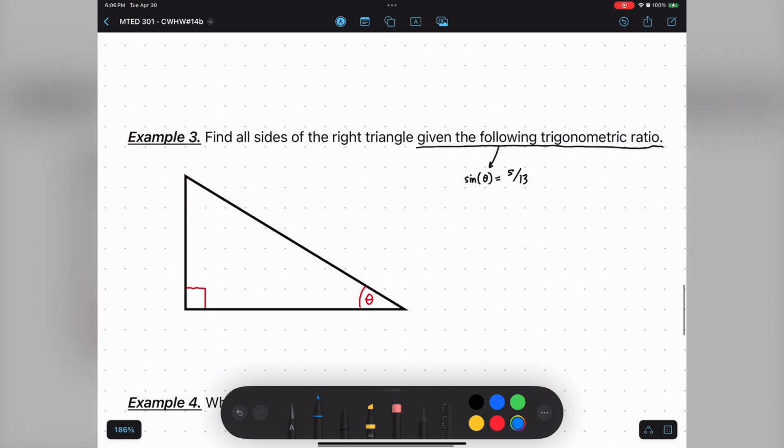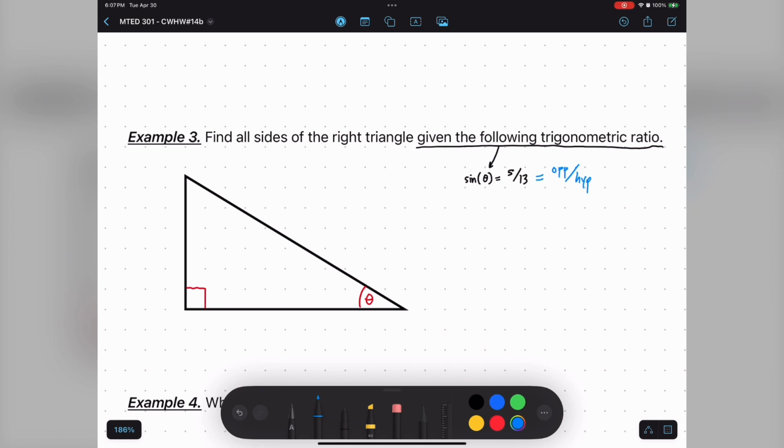Alrighty, so this problem right here, I want you to give it a try on your own. So find the sides of the right triangle when we're given the ratio sine theta being equal to 5/13. Alrighty, so just to backtrack a little bit, the sine of theta we know is the opposite side over the hypotenuse.